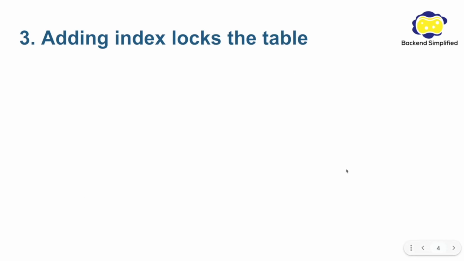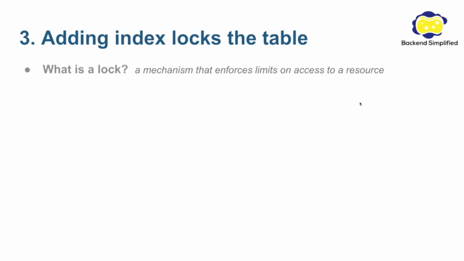The third point. Adding an index locks the table. But before we dive in, we need to understand what a lock is. The definition of a lock is a mechanism that enforces limits on access to a resource. Let's try to understand it with an example.